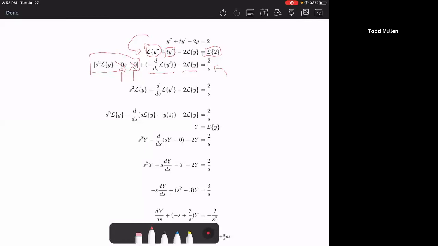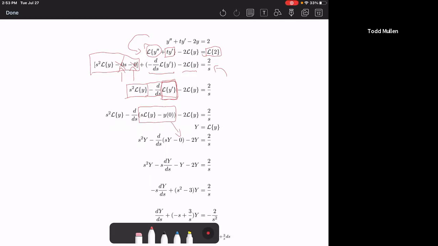So we cancel out these zeros and we're left with s squared Laplacian of y minus the derivative of the Laplacian of y prime minus 2 times the Laplacian of y equals 2 over s. Now we need to figure out what this Laplacian of y prime equals. Well, that's an identity we've used already during this video. That is equal to s times the Laplacian of y minus y of 0, which is just 0.